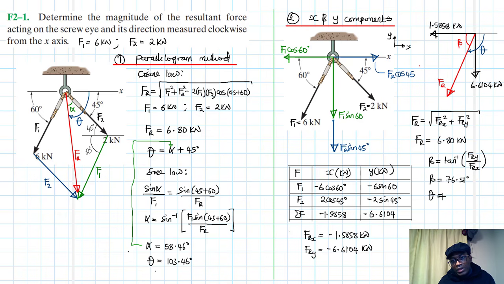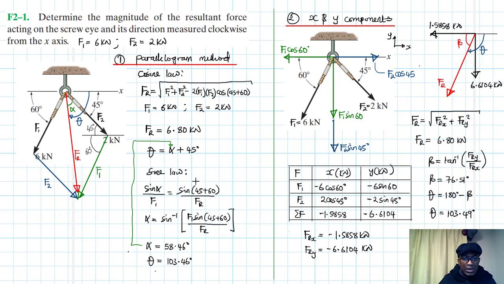Theta therefore is just going to be equal to 180 degrees minus beta. So theta is equal to 103.49 degrees. A minor difference due to rounding offs and so on.